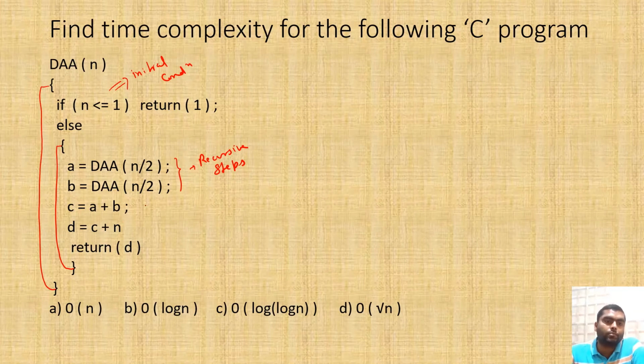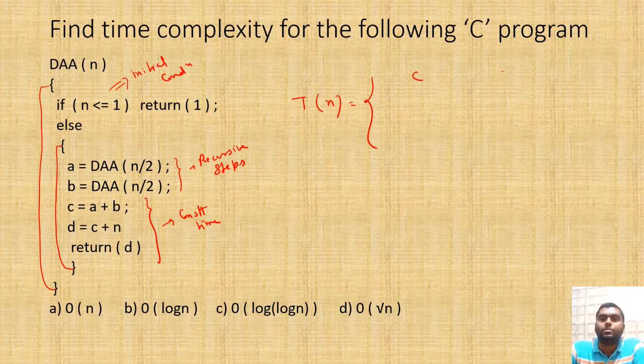And these are some constant manipulations, constant terms, constant time, because we are adding some values or returning something. So what will be the recurrence relation for this? The recurrence relation will be some constant C if n equals 1, otherwise T of n by 2 plus T of n by 2, so these two T of n by 2 and some adding or returning, some constant time, okay.